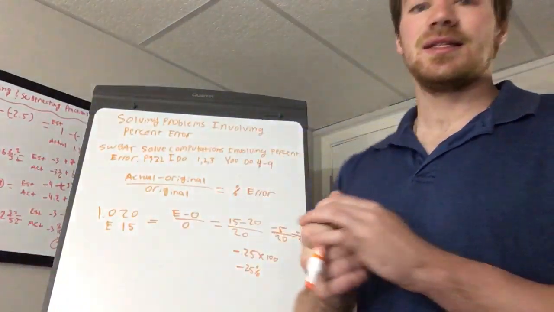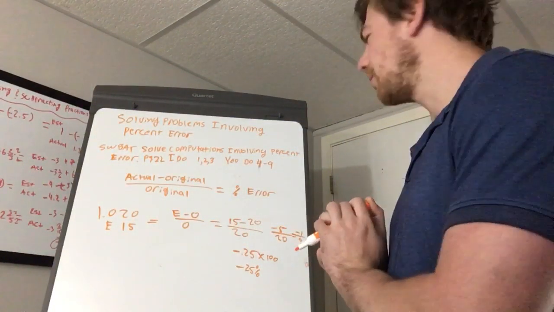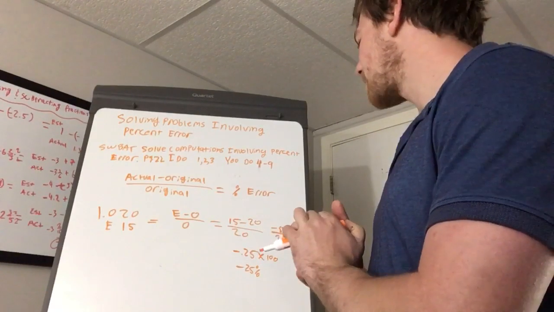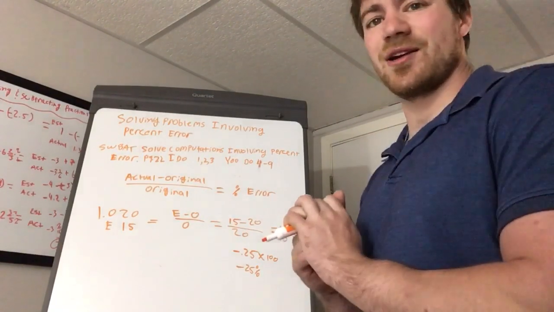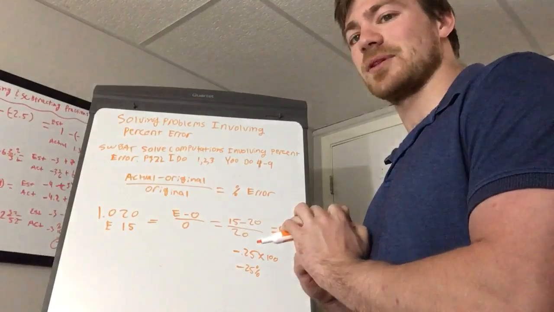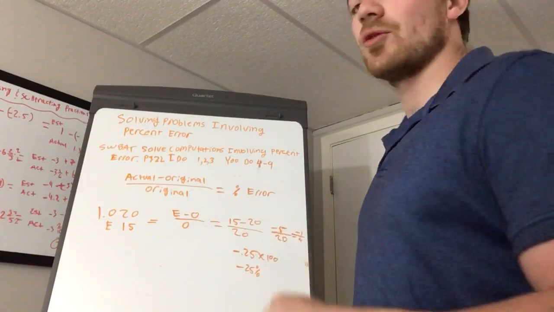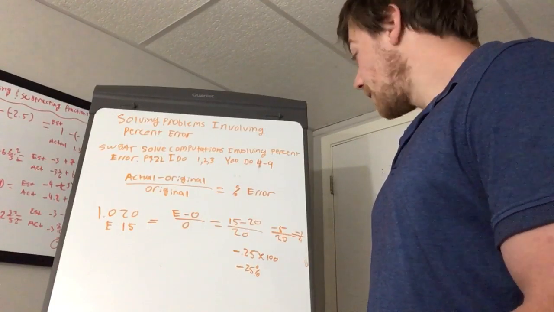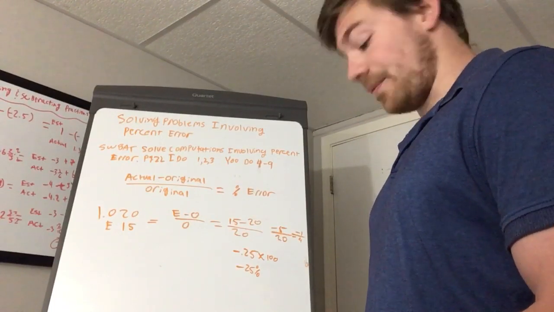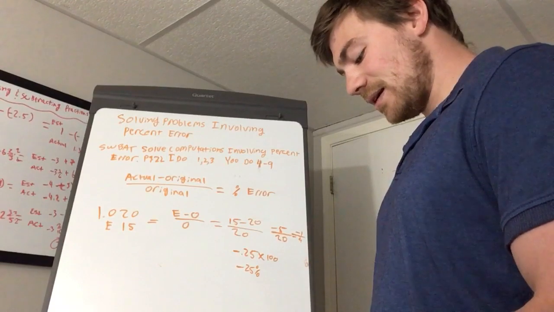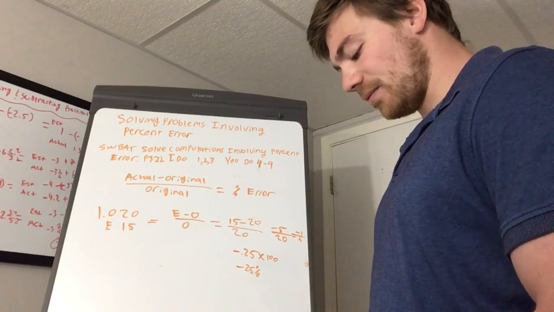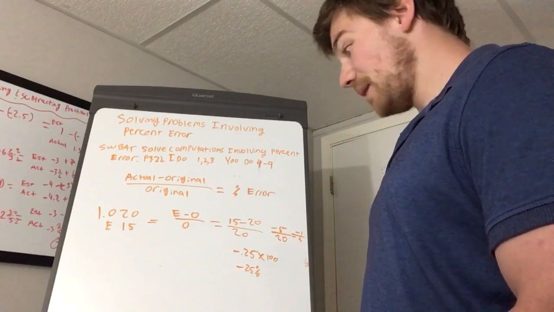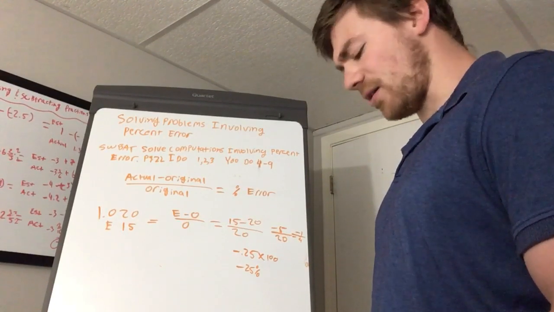So is this right, though? Is the error percent 25%, or is the error percent negative 25%? Think about it for a second. The error percent is the amount that you are off by. So does it make sense to be negative? Can percents be negative?